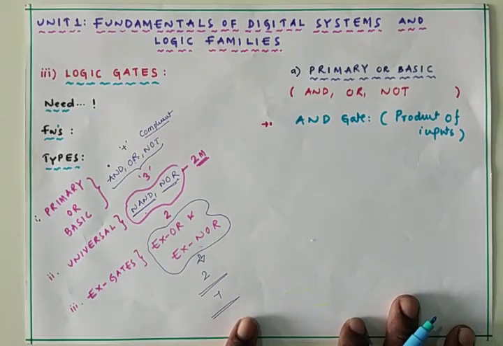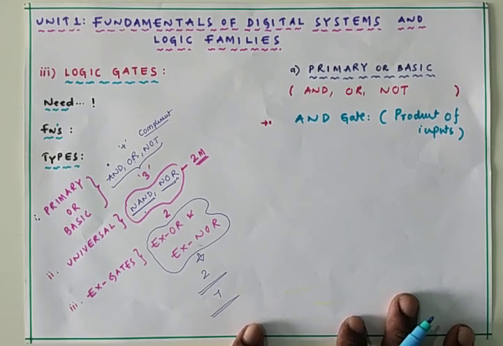At least one or more input signals have to be there for any logic gate, whether primary gates, universal gates, or exclusive gates.